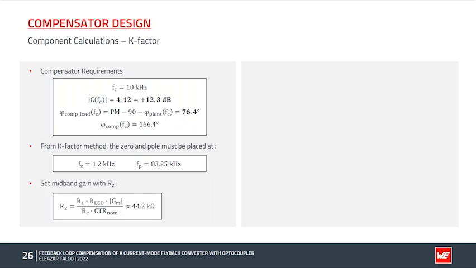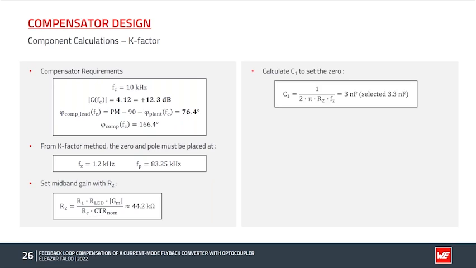A value of 44.2 kilo ohm for R2 will set the required mid-band gain. In order to set the zero frequency at 1.2 kHz, a capacitance C1 of 3 nanofarad is required. We will select a standard value of 3.3 nanofarad.